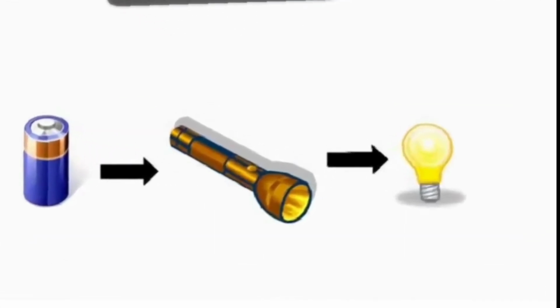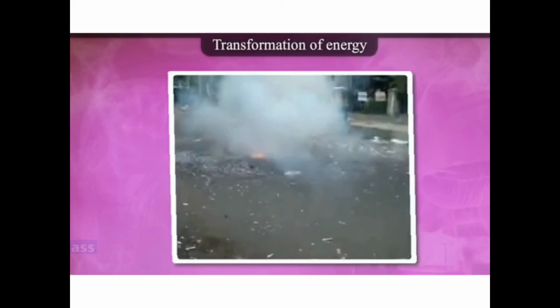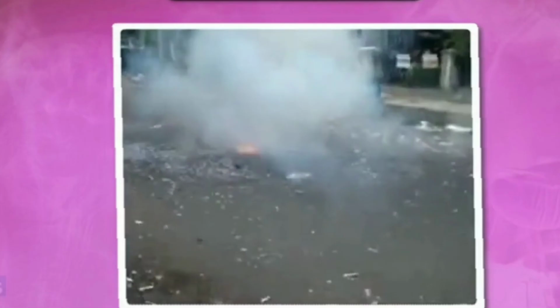Here we have the cell which contains the chemical energy and it gives the light. Correct? Now when you are burning the crackers during the Diwali festival, that cracker has got the chemical energy in it.